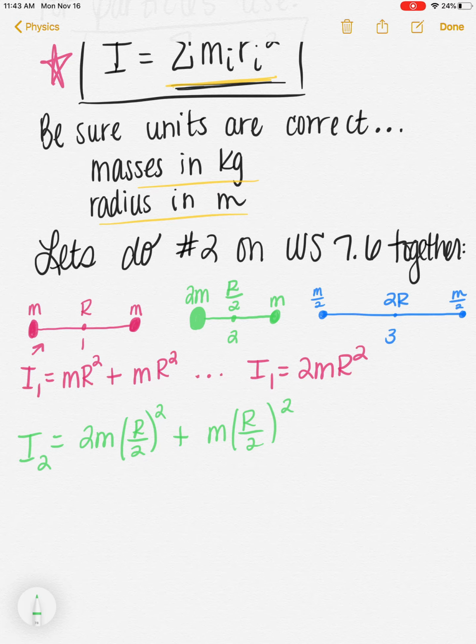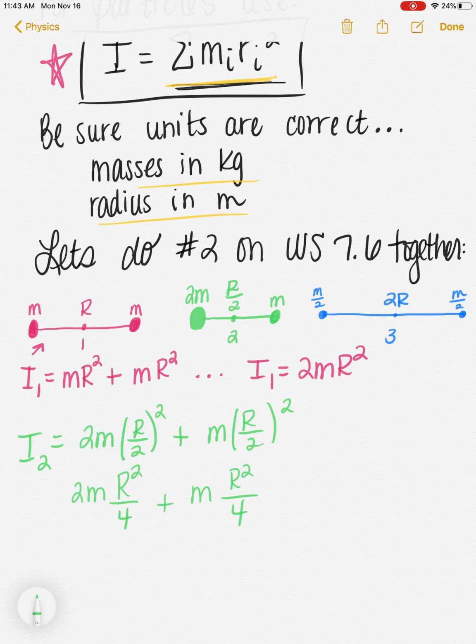All right, so now we've got to simplify and reduce this as much as possible. So we need to begin by squaring the quantities here. If we square the quantity r over 2, that's going to turn into r squared over 4, because you square both parts.